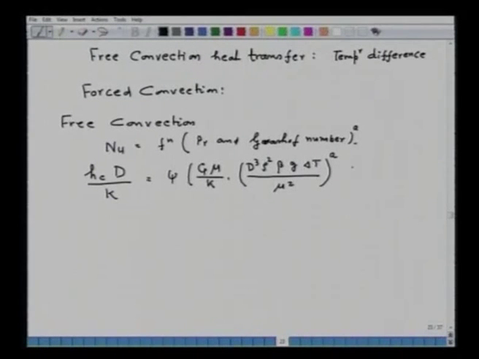Now, here d is the characteristic dimension. You must be careful in substituting these values.